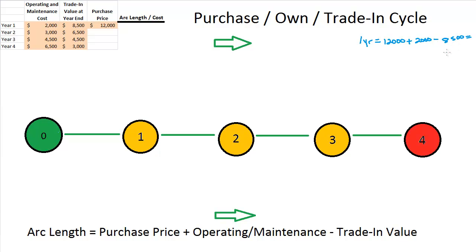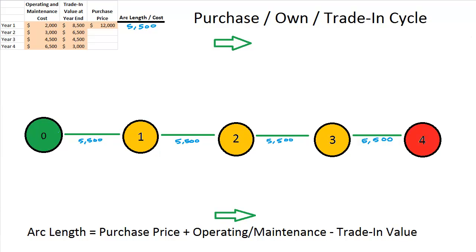And once we do all that arithmetic, we come to a value of $5,500. So for each 1-year arc on our diagram, the cost will be $5,500. So I'm going to go ahead and pause the video and draw those in.